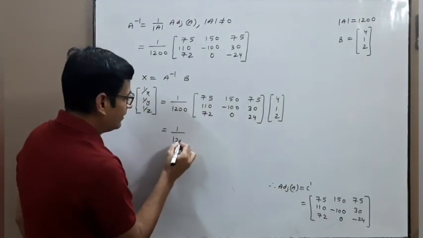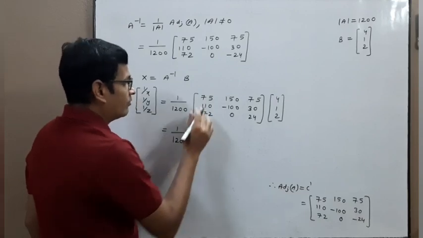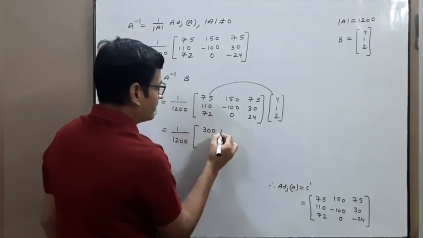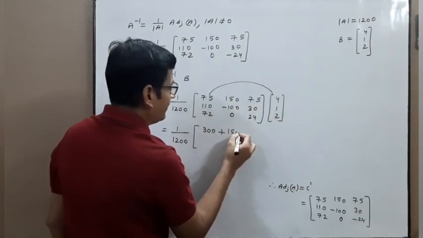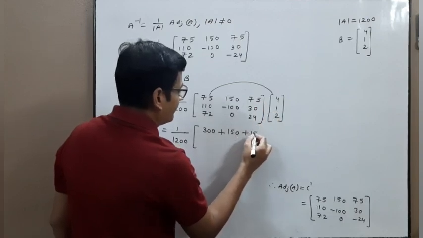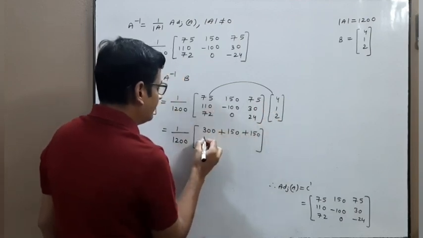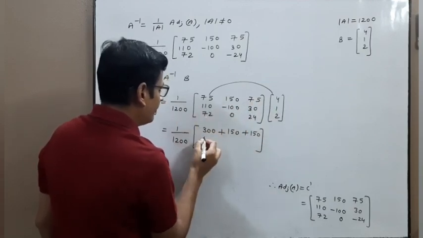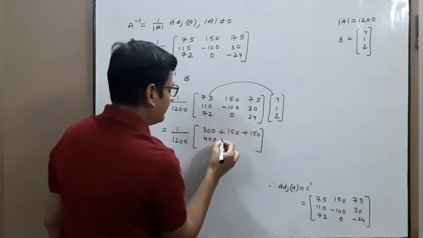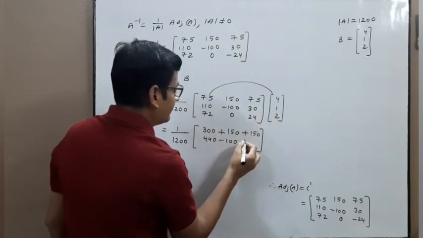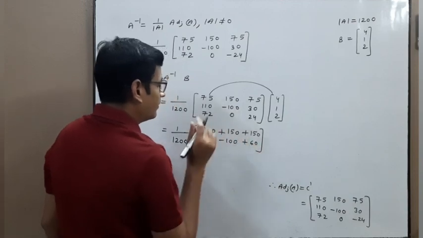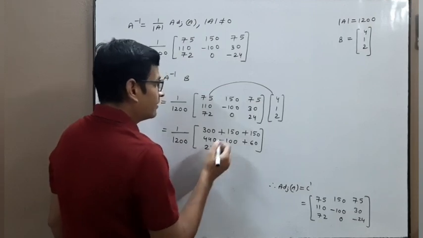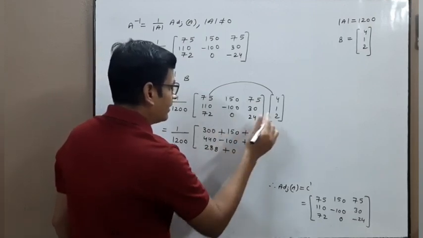1 upon 1200. Now this into this: 75 into 4, 300, plus 150 into 1, 150, and 75 times 2, 150. Now 110 into 4, so 440, minus 100 plus 60. 72 into 4, 288, plus 0 and plus 48.